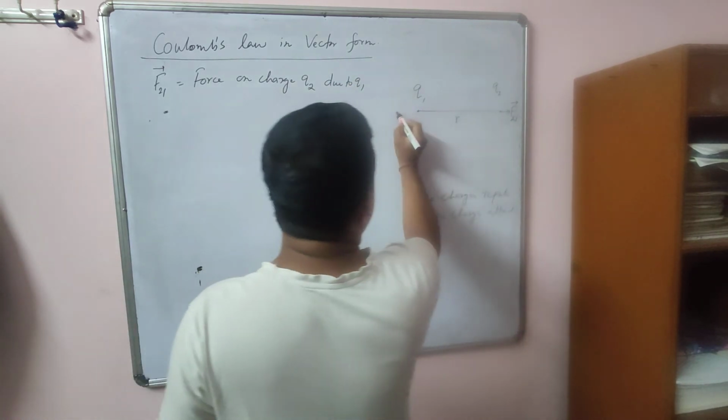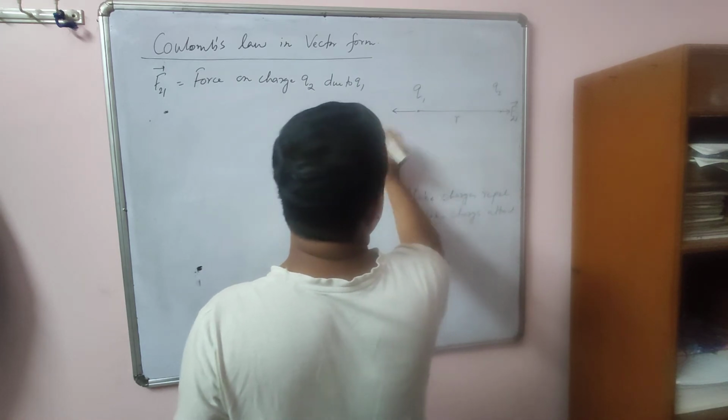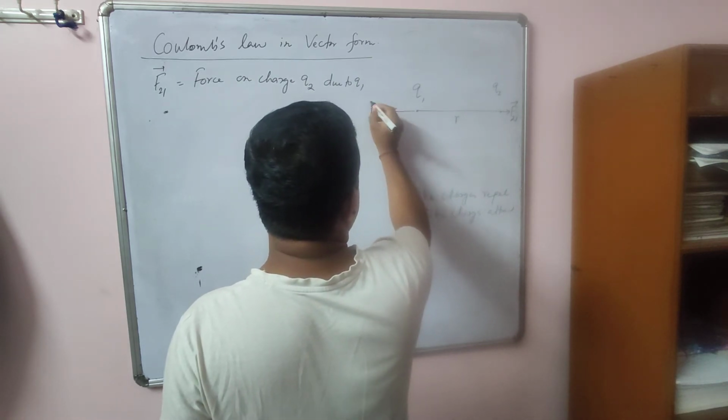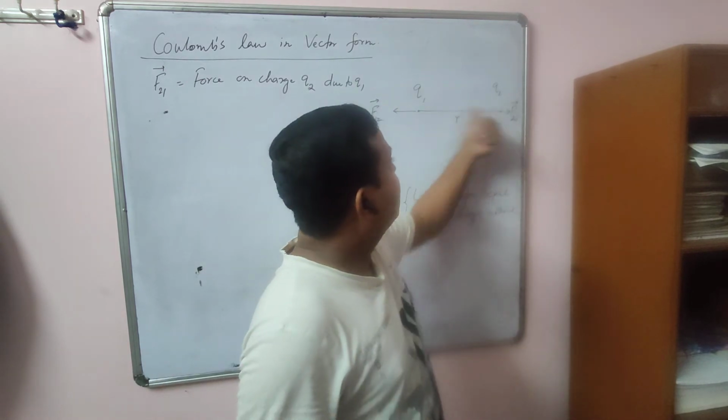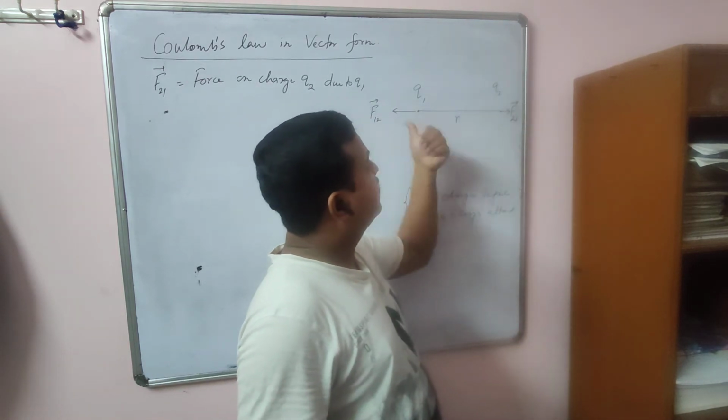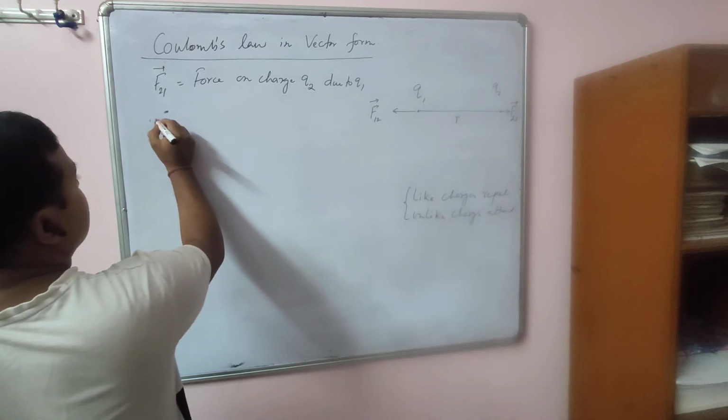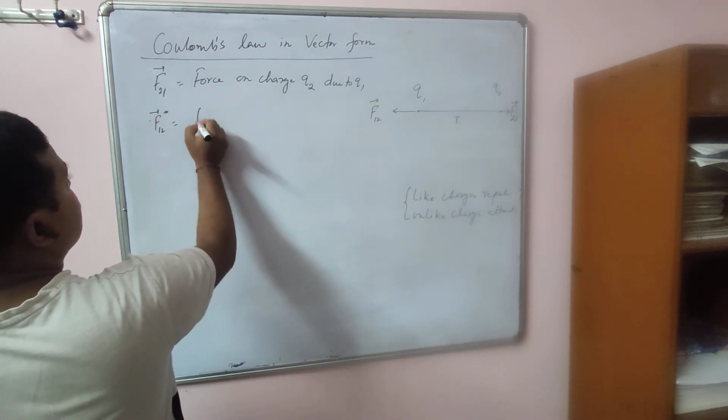Similarly Q2 repels Q1, so Q1 will move along this direction. This is F12, the force on charge Q1 due to Q2. Repel means it will move away from the charge.